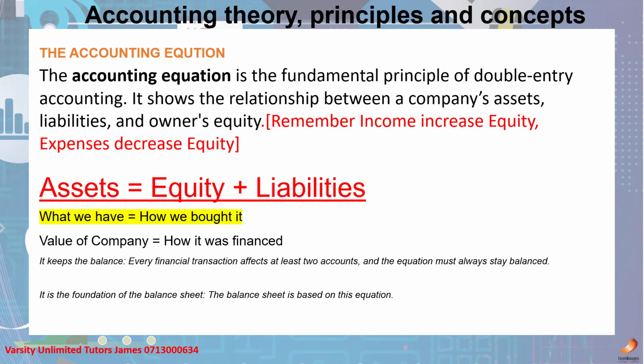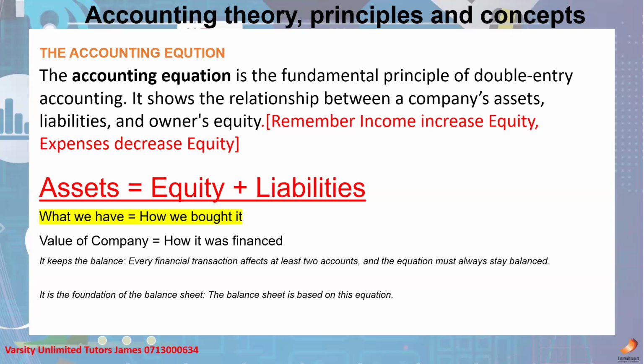So for me to get a building in the business, either I bought the building using my own cash or I bought the building using a loan from the bank. So assets is equals to equity or liabilities also means whatever we have as a company should always be equal to how did we buy it? Did we buy it using equity?